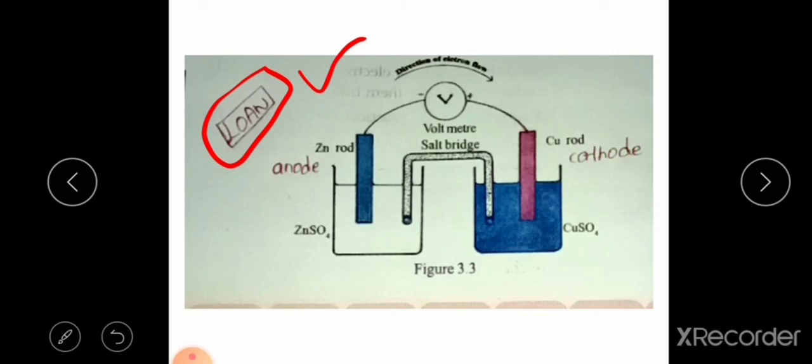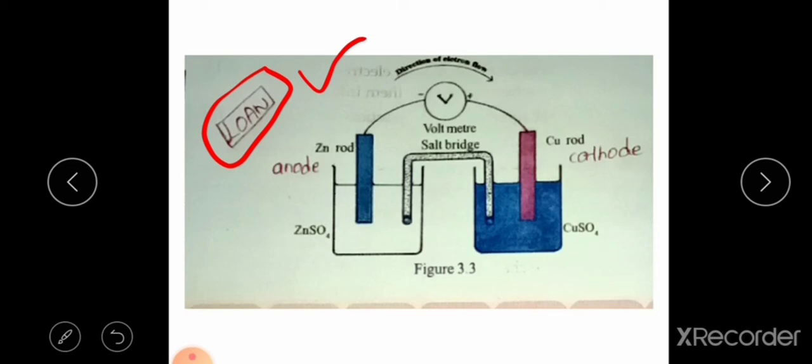This is one easy trick to remember the galvanic cell. It is one of the important concepts every year. Based on this concept, questions will come. If you know this code, you can solve all the questions related to the galvanic cell.